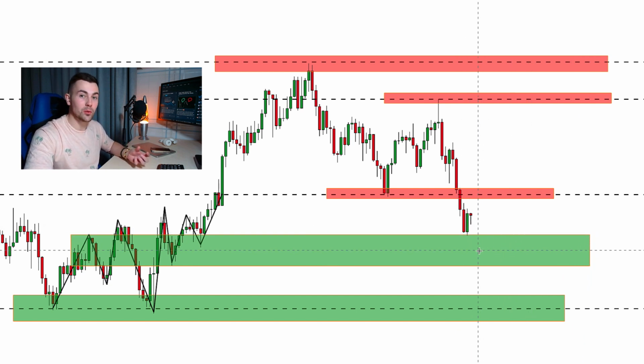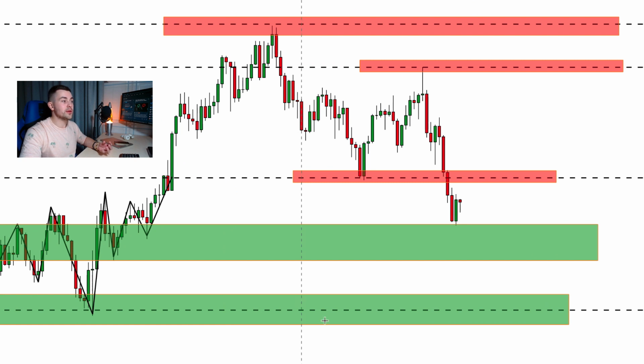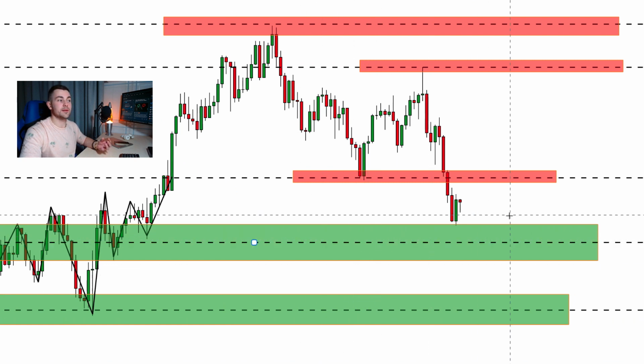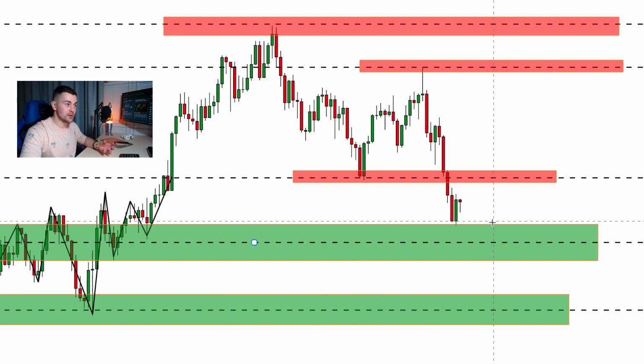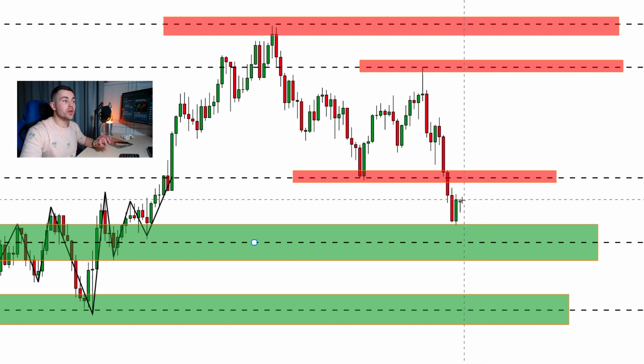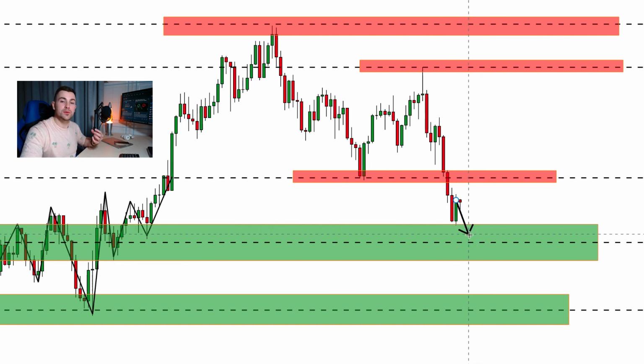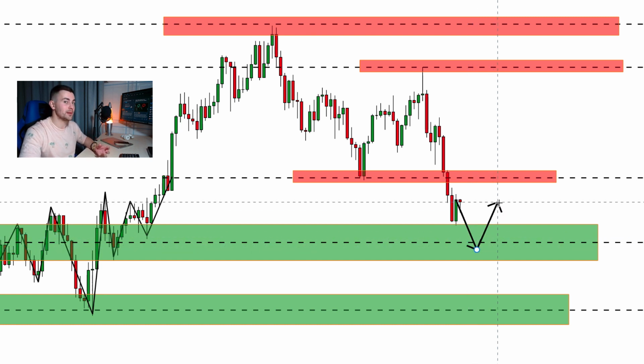Yes, it is still quite wide, but still we managed to narrow it. And right now this zone right here serves as the so-called demand zone. Yes, and within that area, once the market goes within that, the buying volumes will accumulate, and from some point within that we will expect a pullback.